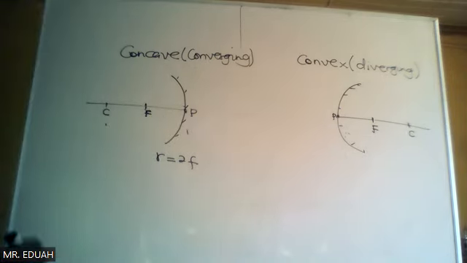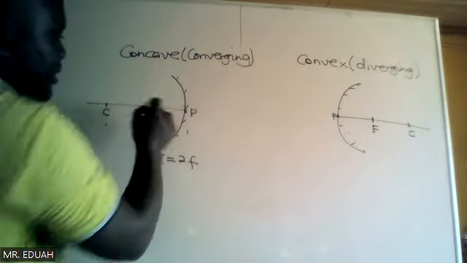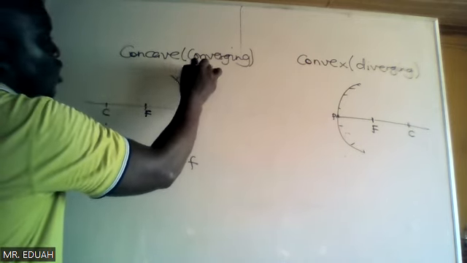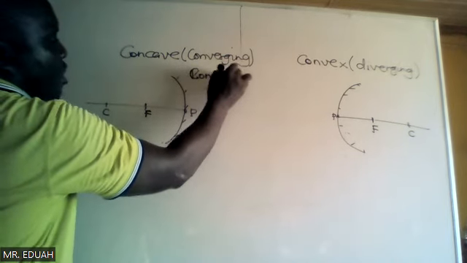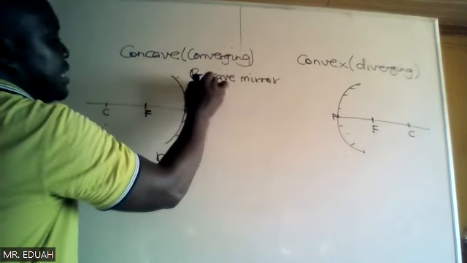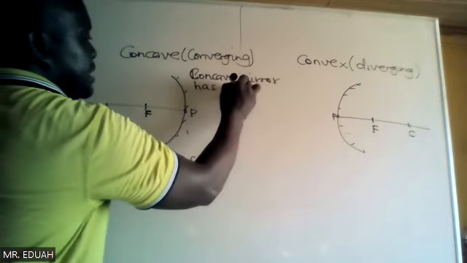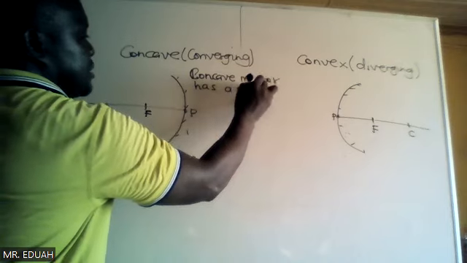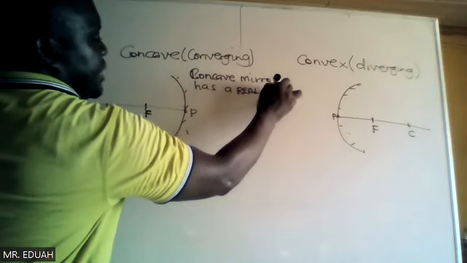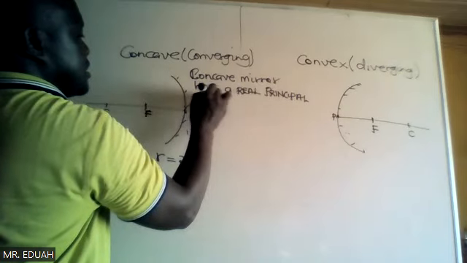Now the difference between the focal length of this and the focal length of this one is that the concave mirror, or converging, has a real principal focus.